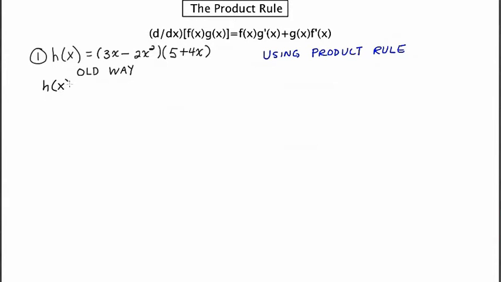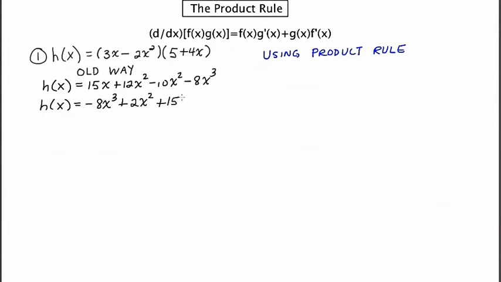So I'm going to say that h of x is equal to the first, or 15x, outer would be plus 12x squared, inner would be minus 10x squared, and last would be minus 8x cubed. Okay, I'm going to combine like terms and write it in descending exponential order, leaving me with negative 8x cubed plus 2x squared plus 15x.